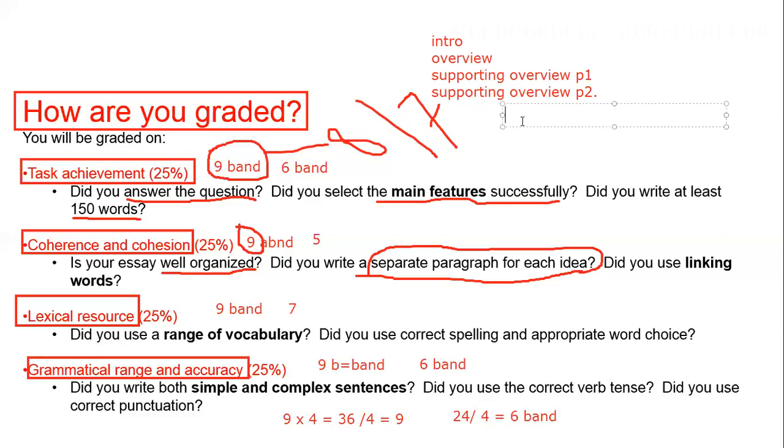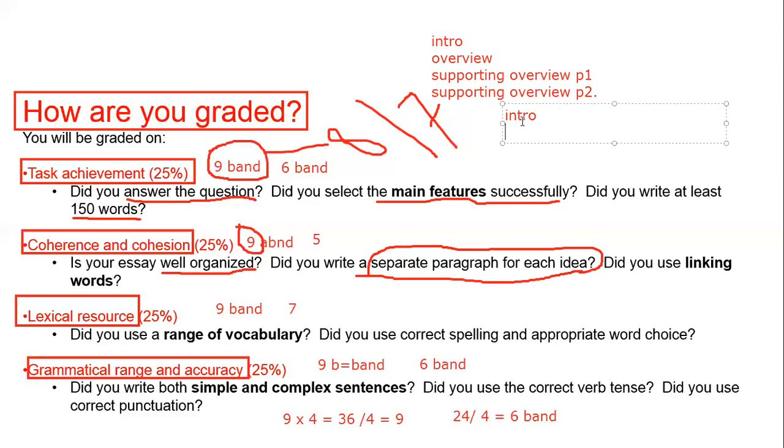In task 2, again, the examiner wants you to write an introduction, for example. Later on, we will study all these things in more detail, clear? But this is the first day, and your concept must be clear about how marks would be given by the examiner. Number 2, have you written supporting paragraph number 1?